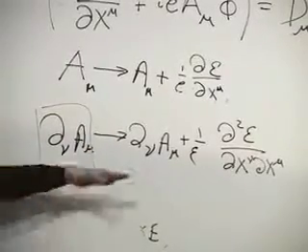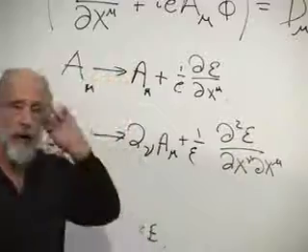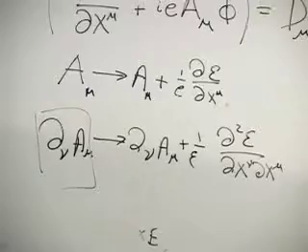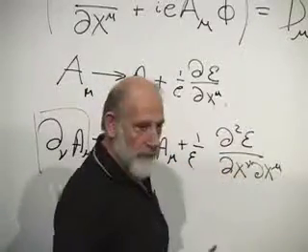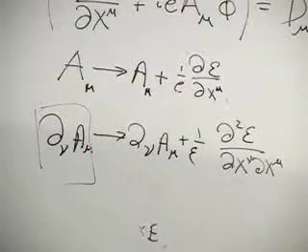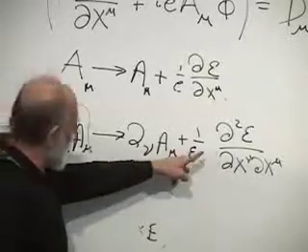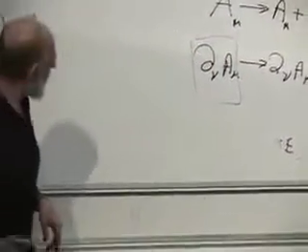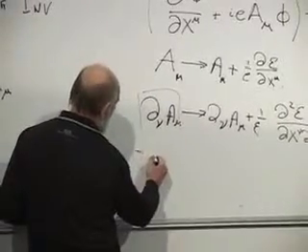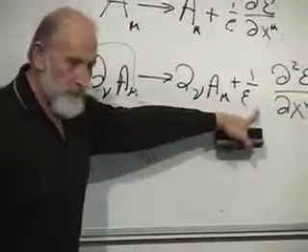This is not gauge invariant, it changes. But notice that this change here is symmetric under the interchange of nu and mu. The process of differentiation, it doesn't matter which order you differentiate. Differentiation with respect to 2 coordinates commutes. Commute means it doesn't matter which order you apply those 2 operations. And that means that if I subtract from this minus d mu A nu, this term will cancel.